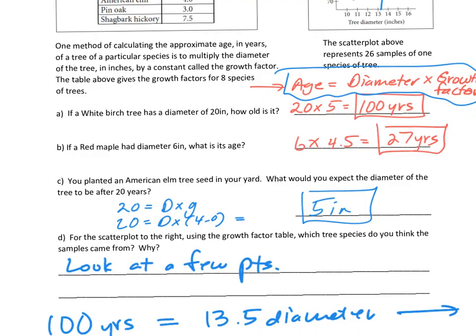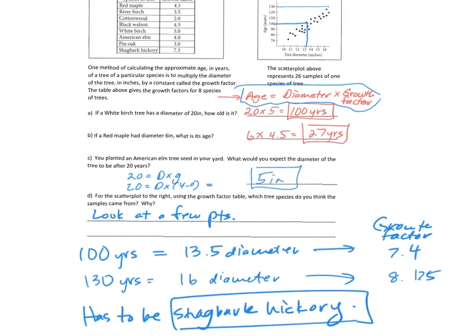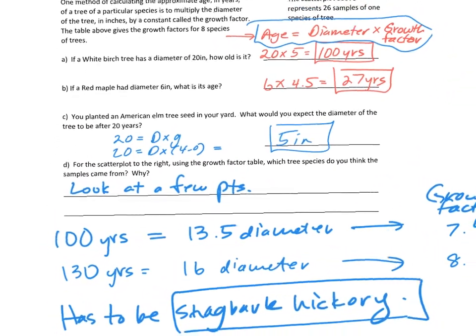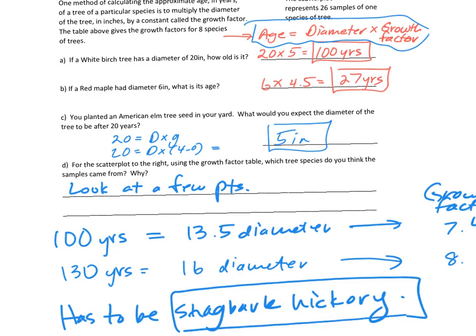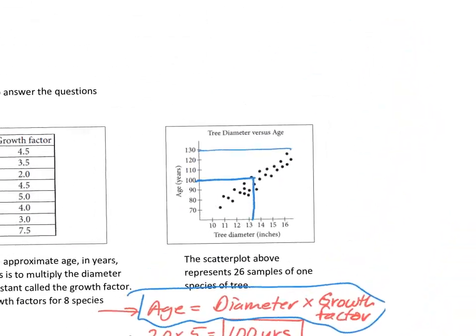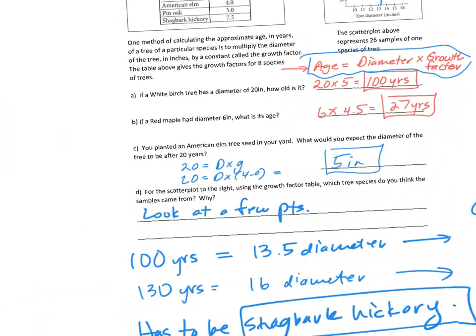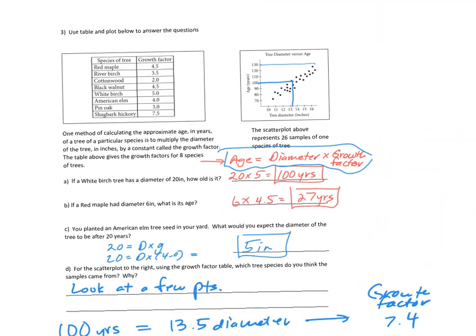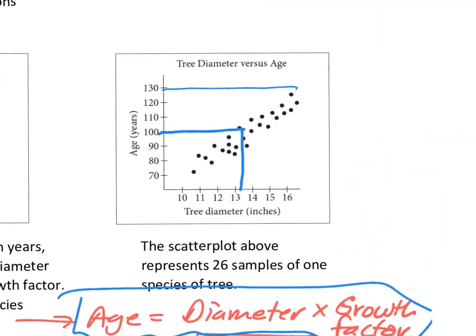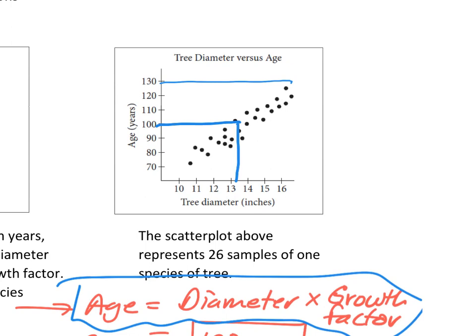This last one is a little bit trickier. The question says, for the scatter plot to the right, using the growth factor table, which tree species do you think the samples came from? In my description, I said to look at a few points. If I look at a 100-year-old tree, I could track that down.